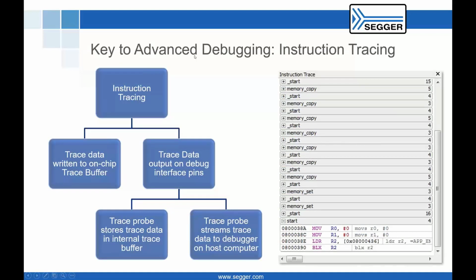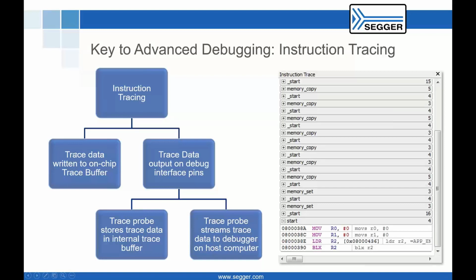Instruction tracing is the key to more advanced debugging, and that is essentially a non-intrusive way of capturing whatever the MCU executes. There are different types or mechanisms of instruction tracing that I'm going to go through real quick, because it's not all created equal.